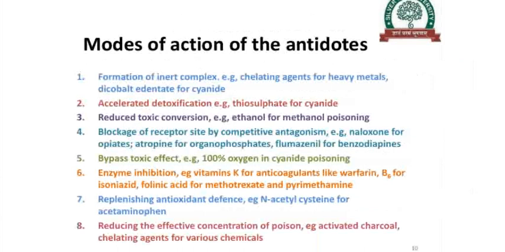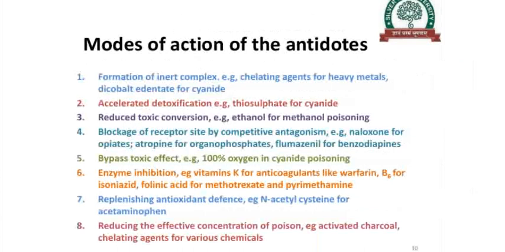In the liver, it causes a toxic reaction, and as a result the patient can have loss of vision, and even death if it is in large quantities. Ethanol gets oxidized and reduces the conversion of methanol to formaldehyde, so the toxic conversion is reduced by the presence of ethanol.